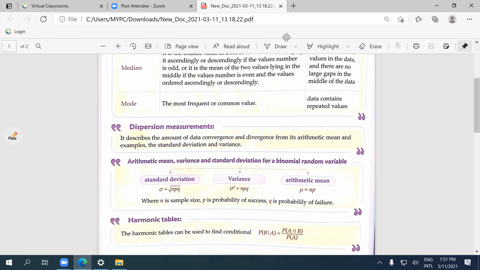When we toss a coin, we have only two outcomes, which are tail and head. If we take tail as my success, the probability of getting tail is 1 over 2, and the probability of getting head is 1 over 2.